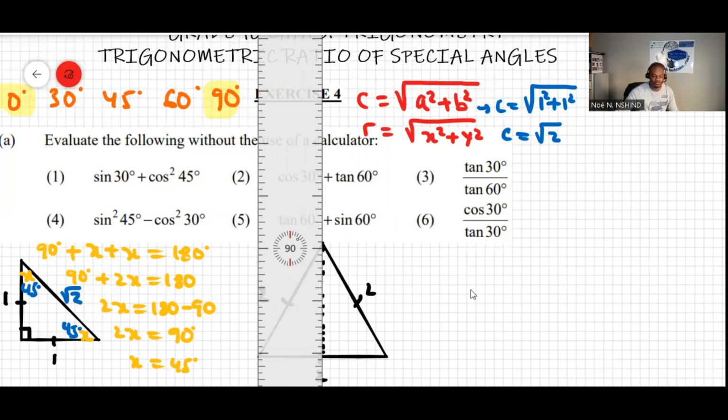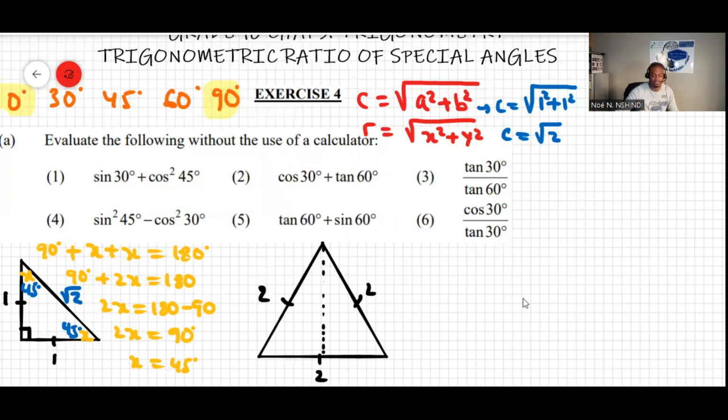We have two triangles here. But before I proceed, let me mention the properties of an equilateral triangle. We say it's equilateral because all the sides are equal. Another property is that all the angles are also equal to 60 degrees. Then, if I draw a perpendicular bisector here, you notice that we have a 90 degrees angle there, and a 90 degrees angle there.